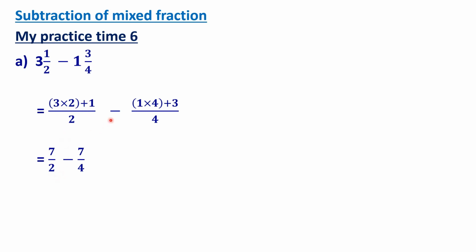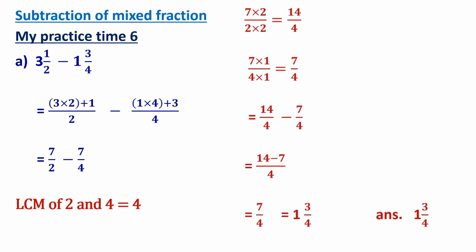Then minus sign, and then 1 into 4 is 4, 4 plus 3 is 7, 7 divided by 4. Now the fractions are 7 by 2 minus 7 by 4. You can see these are now unlike fractions. So again we need to take out the LCM of the denominators, that is 2 and 4. So we are getting the LCM as 4. Now children, we will solve both the fractions.